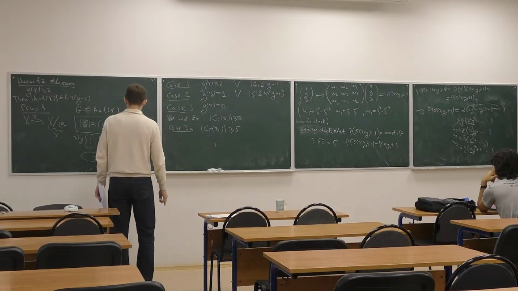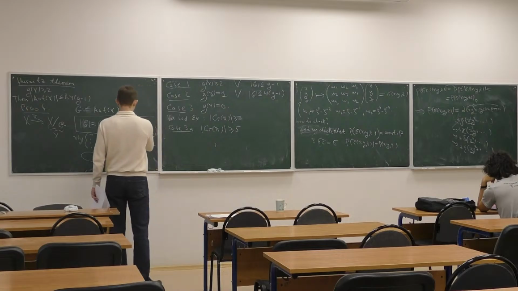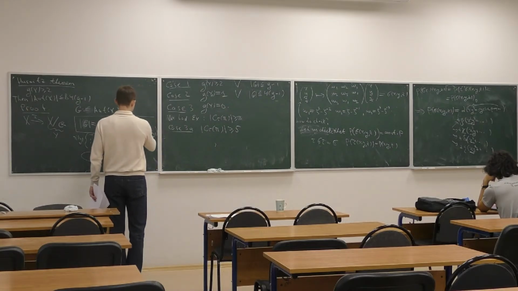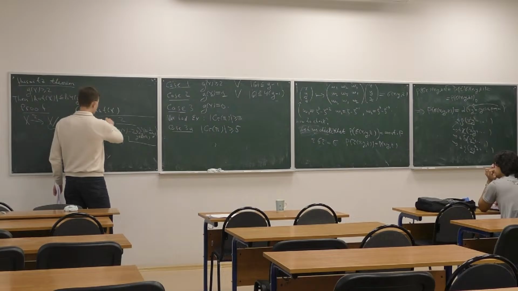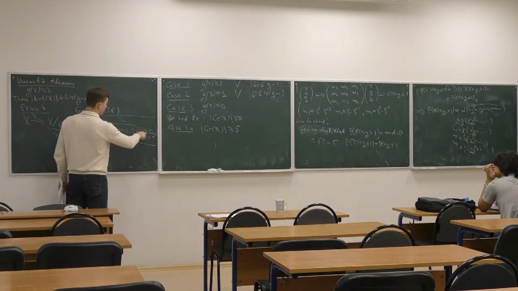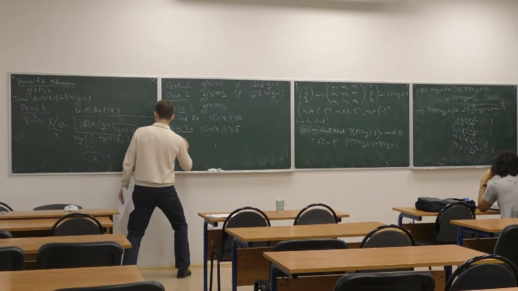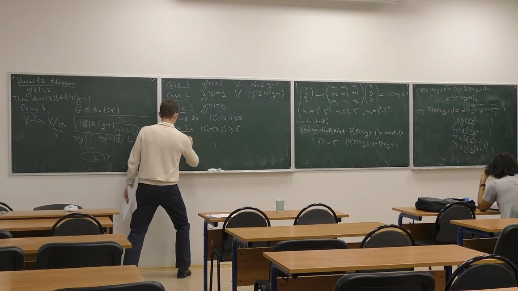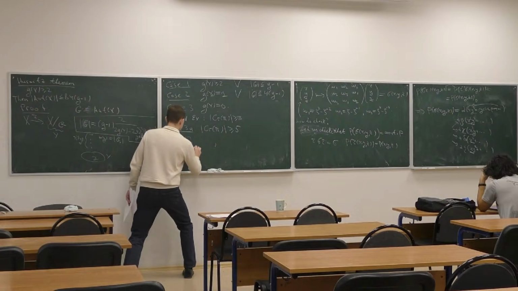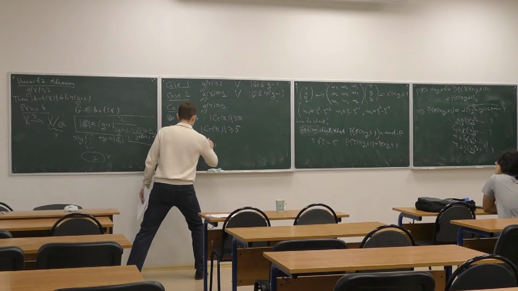Okay, then we write the denominator. Since we want to find the maximum of this, we have to find the minimum of the denominator. So the denominator is minus 2 plus the sum over the critical points of 1 minus 1 over m of y.